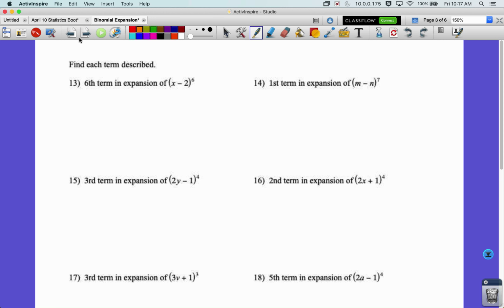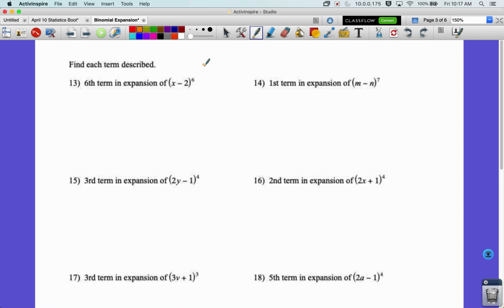All right. Now for the rest of these, you just have to give a specific term. So here's where it gets a little confusing with Pascal's triangle, because the terms in an expression are not numbered starting from 0. The terms in Pascal's are numbered starting from 0.